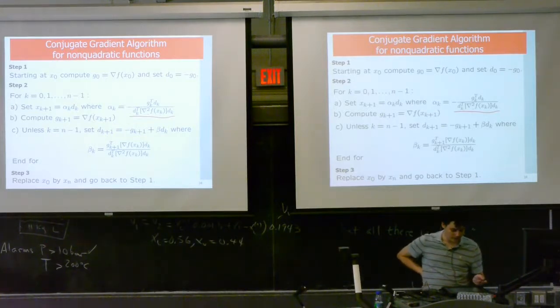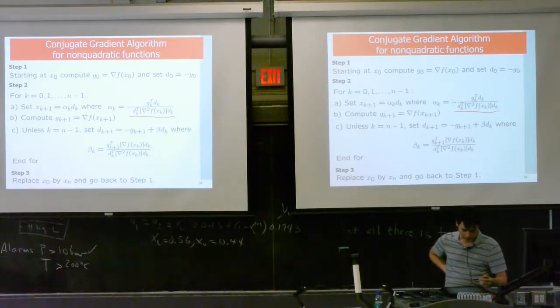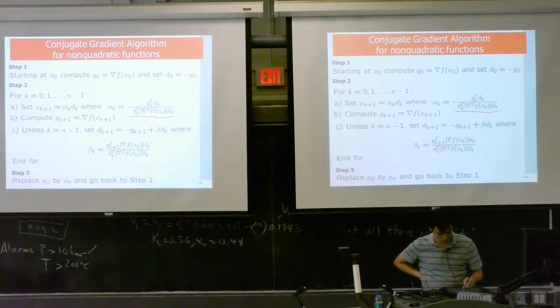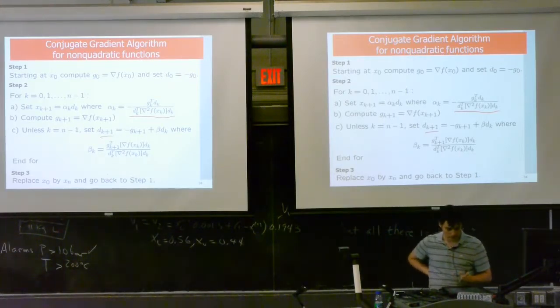We calculate the gradient at xk plus 1, and if we still didn't converge in this quadratic problem, then we construct a new conjugate direction using these update rules that we discussed.